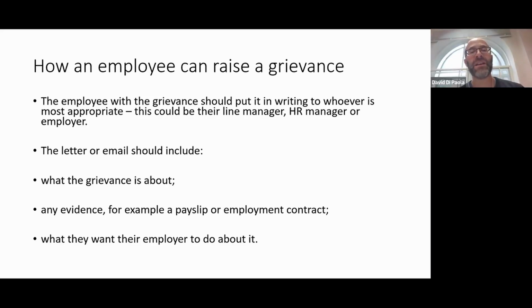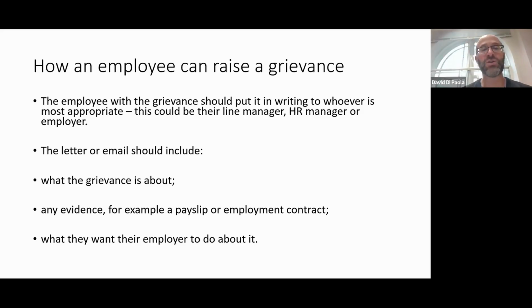The last bullet point is probably worth focusing on. It's one thing for an employee to raise a grievance. The employee says, "Oh yes, Joe Bloggs has been bullying me at work. He keeps checking my emails all the time, and he checks what my output is, etc." An important thing for an employee in a grievance to do, as this last bullet point says, is to state what they want the employer to do.